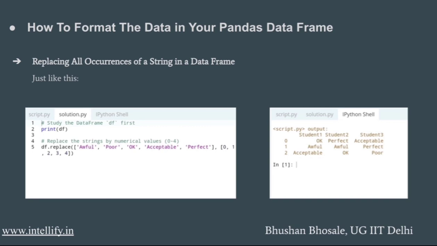You can see it for yourself that awful would be replaced by 0, poor would be replaced by 1, okay would be replaced by 2, acceptable would be replaced by 3, and perfect would be replaced by 4. So this data frame would be transformed from character to numerical just by using the replace method.